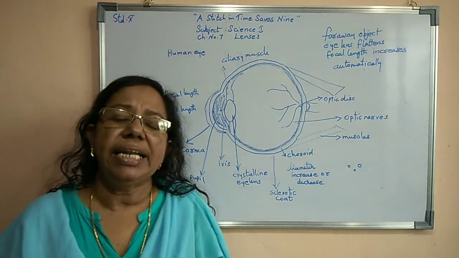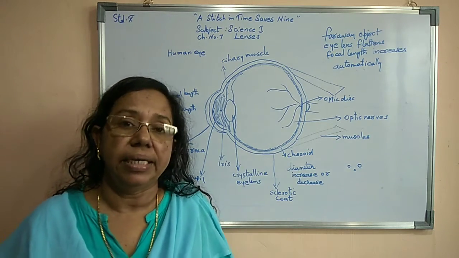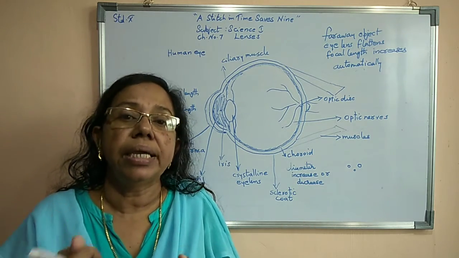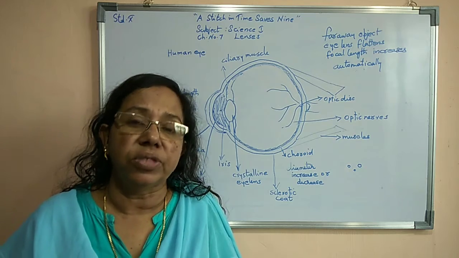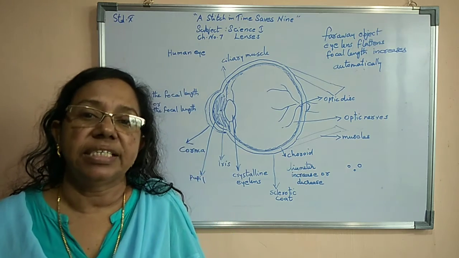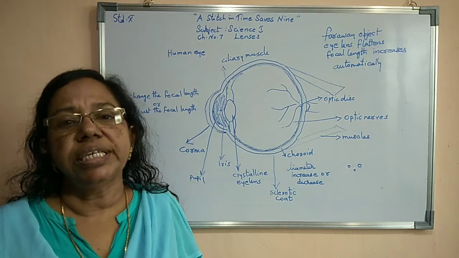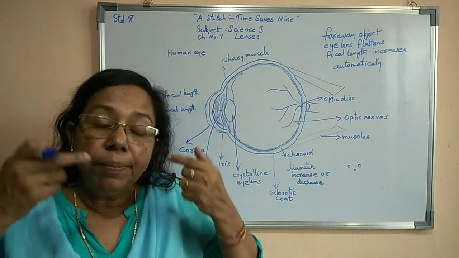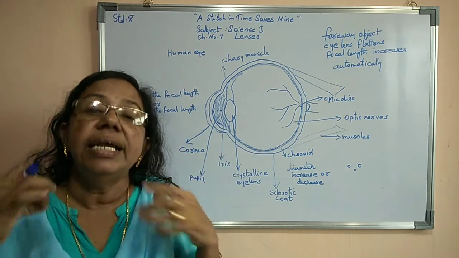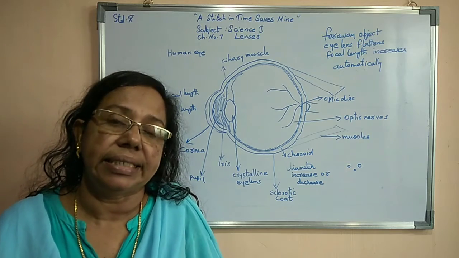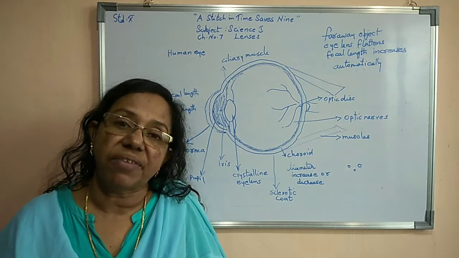That means a human eye lens functions automatically, on its own. We don't have to do any screw tightening or loosening work. So it functions itself. If it wants to see a far away object, then immediately the eye lens flattens. As a result of it, its focal length increases. Then it is able to see the far away object.